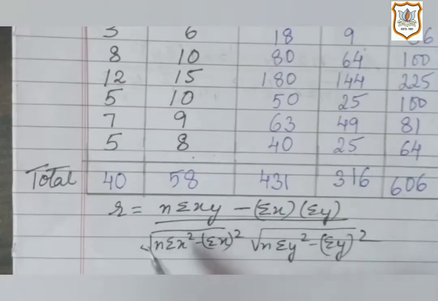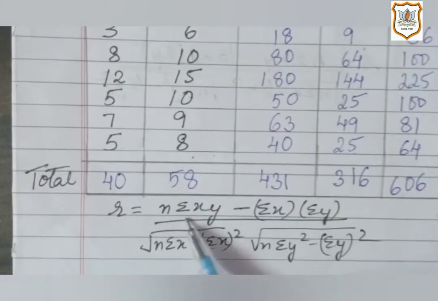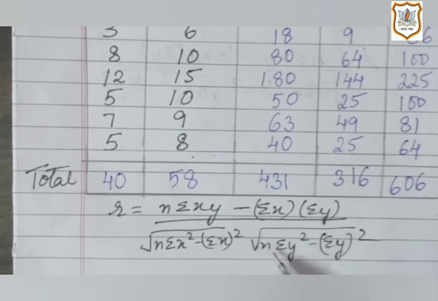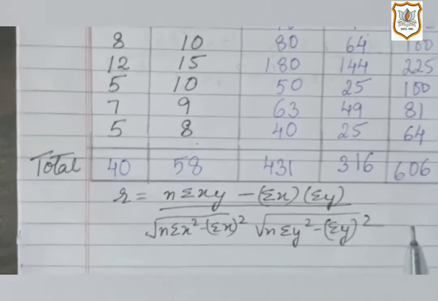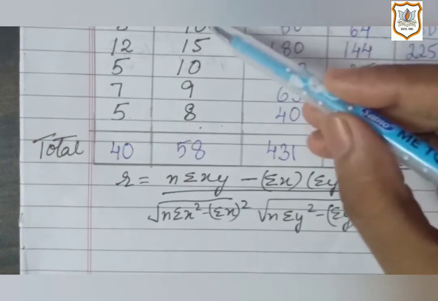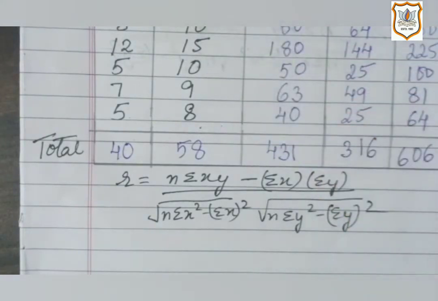Now the formula for finding r is n sigma xy minus sigma x into sigma y, divided by under root of n sigma x square minus sigma x the whole square, multiplied by under root of n sigma y square minus sigma y the whole square. Now let us substitute the values. Here n means number of observations. So see, 1, 2, 3, 4, 5, 6 values we have.